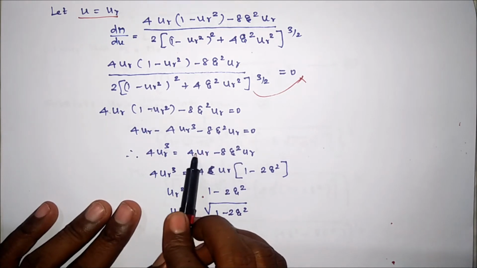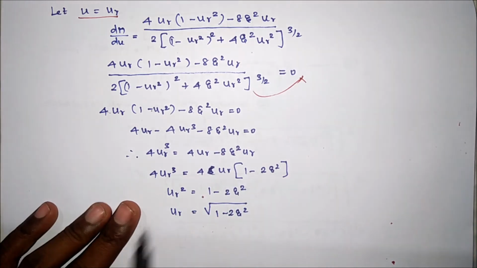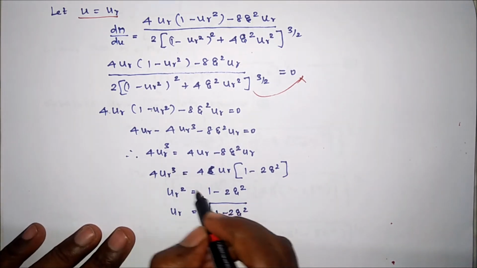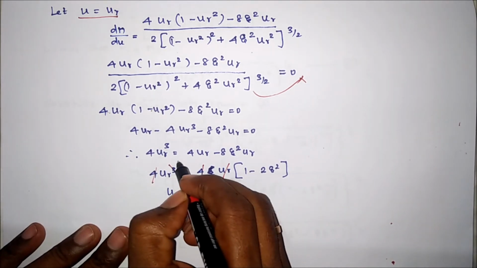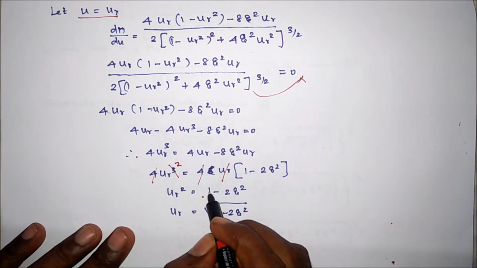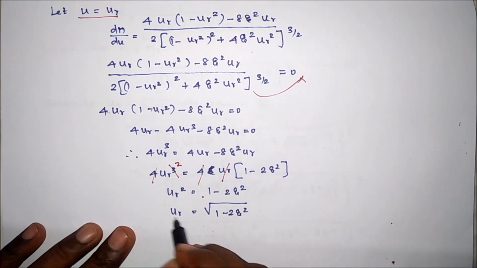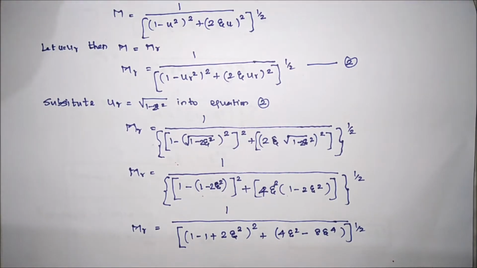From this we can take 4 ur outside, so 1 minus 2 eta square. Now this 4 and this 4 will cancel each other. This ur and instead of this cube, it will become ur square. So ur square equal to 1 minus 2 eta square. So ur equal to square root of 1 minus 2 eta square.